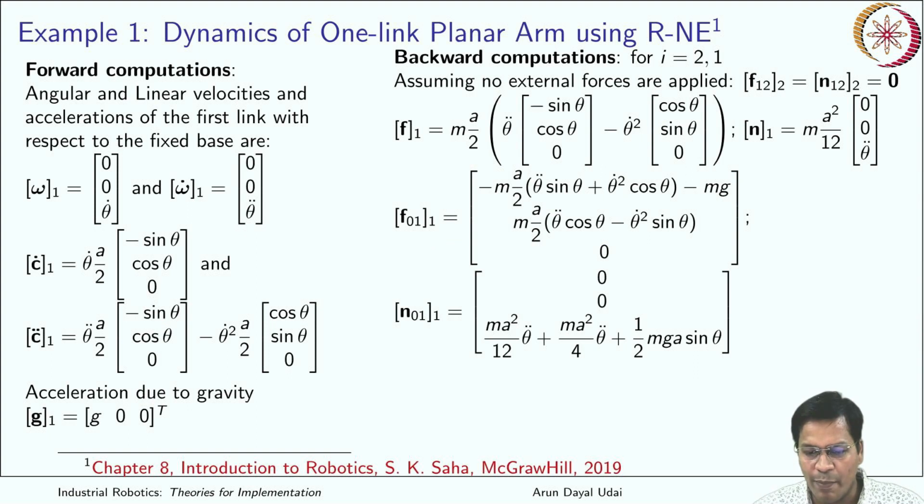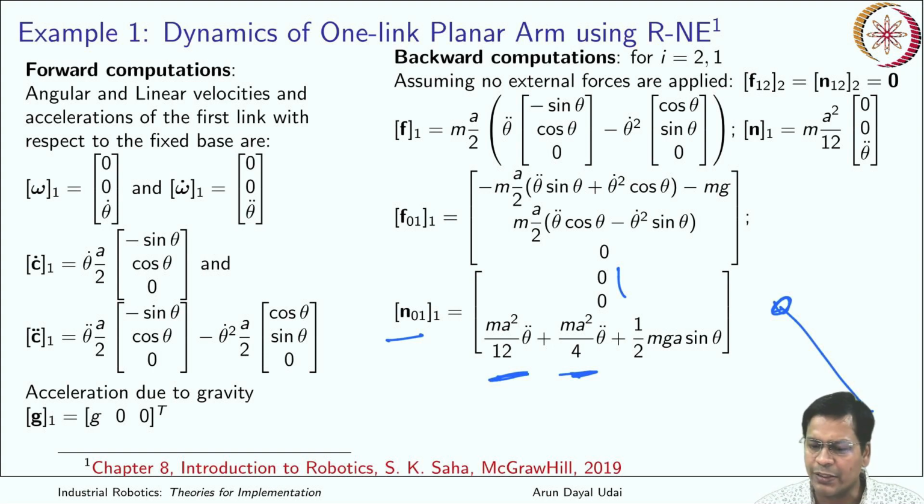Again, moment, you know there are no moments along x and y. It is only due to this. You have converted that, because the moment of inertia was about its center of gravity. Now it is about the tip. So you have to do that transformation and you can obtain this. Okay, so that transformation can be done using the parallel axis theorem, or you can simply use a matrix transformation to obtain this.